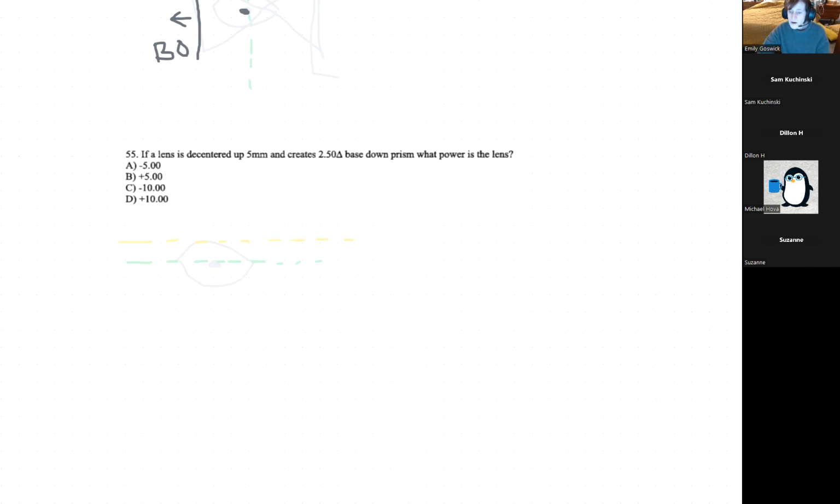So let's draw a plus lens over here. A plus lens would be like this. I didn't want to draw it over here because I don't know how to undo. But basically, this would mean that the pupil would be here, and this is very clearly base up that they'd be looking through. So it's not a plus lens. We can rule that out. It's going to be a minus lens that they're looking through.